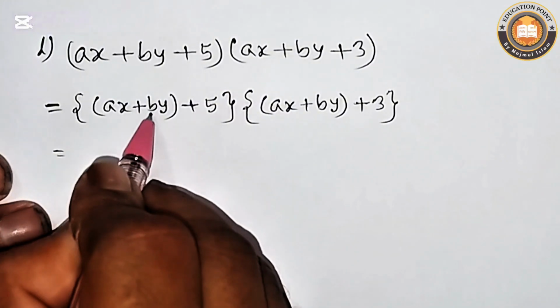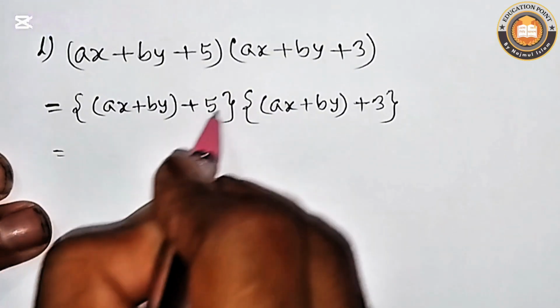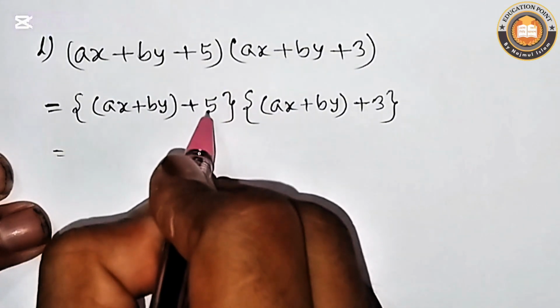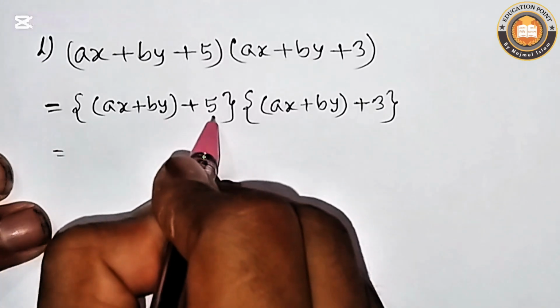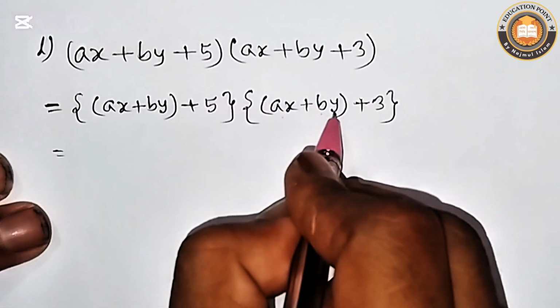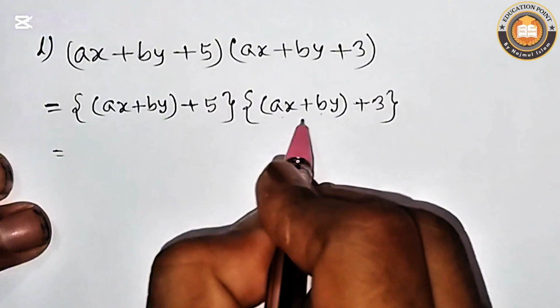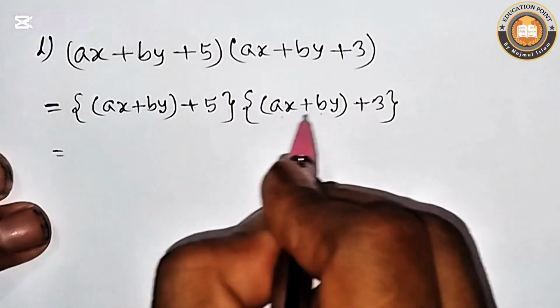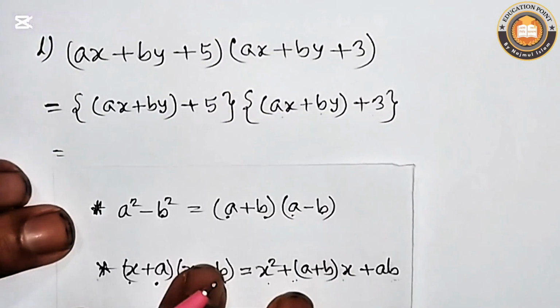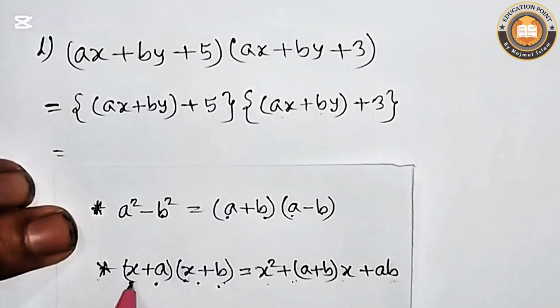Here ax plus by consider as x, 5 consider as a, that means x plus a, ax plus by consider as x, 3 consider as b, that means x plus b. So here we will apply the formula of (x plus a) into (x plus b) equal x square plus (a plus b) into x plus ab.